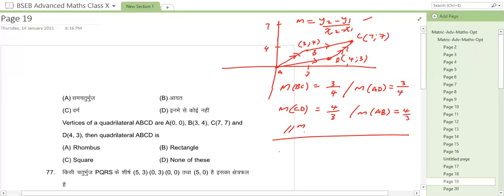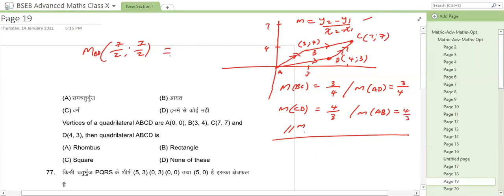So the midpoint of BD, let me just write this properly, is (7/2, 7/2).